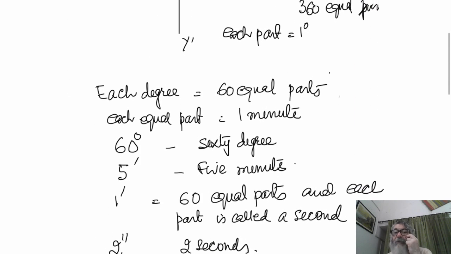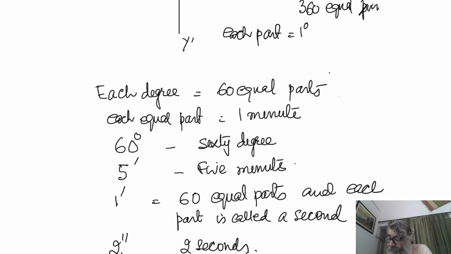In the sexagesimal system, a 90-degree angle is divided into 90 equal parts, and each part is equal to 1 degree. Then 1 degree is further divided into 60 equal parts, and each part is called a minute. That minute is further divided into 60 equal parts, and that is called a second. So we have degrees, minutes, and seconds.